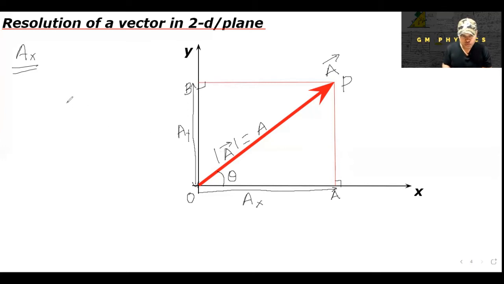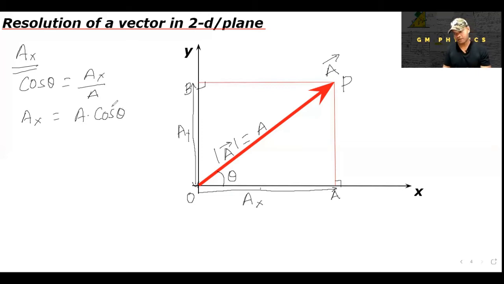So we can use trigonometric relation to find AX. We know the value of this OP, that is the length of this arrow, which is equal to A. So I can write base and hypotenuse relation cos theta. Cos theta is equal to base upon hypotenuse. Hypotenuse is known, theta is known, AX is unknown. So we can find AX is equal to A cos theta, right? This is my X component of the vector.